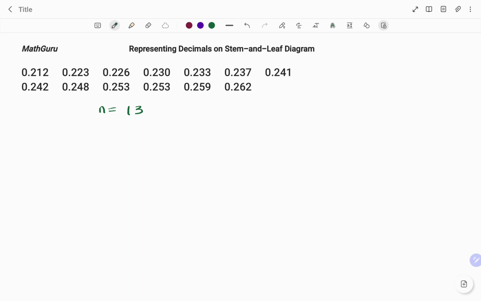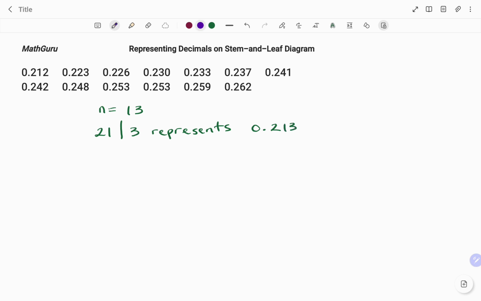Then the next important step is to state the key that represents the data. So for this particular one, if I have 21 split, that's my stem, and then I have 3, what this represents is 0.213.